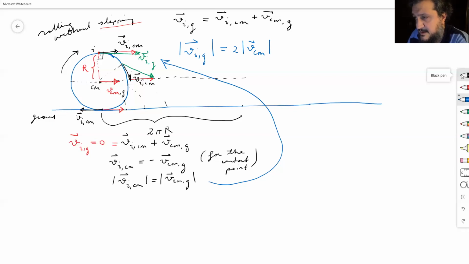I'm going to draw it here again. When you have an object like a disk or cylinder or a sphere, when it's rolling, I'm not going to use the notation center of mass anymore.